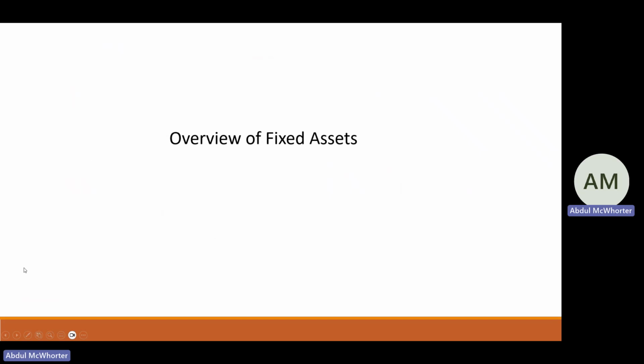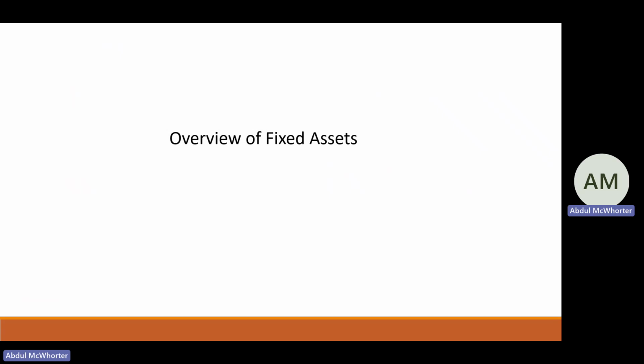And so in our agenda today, the first portion of it, we went over the overview of fixed assets. And in that overview of fixed assets, we took a look at the fixed assets form. We viewed the fixed assets form for a particular fixed asset, and we went over a couple of tabs on the fixed asset form.